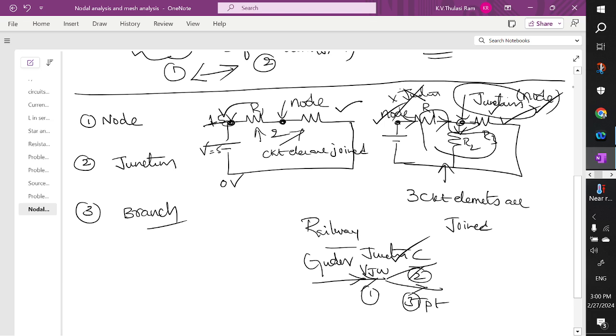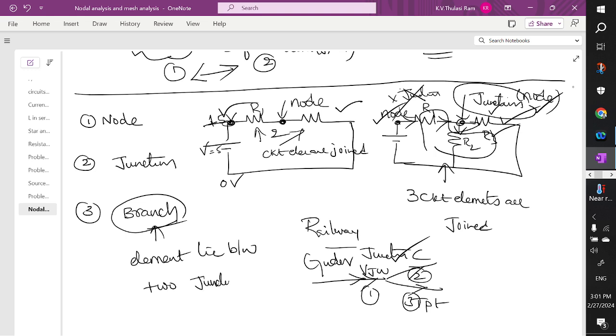A branch is nothing but the element which lies between two junction points. This is an element which lies between two junction points.